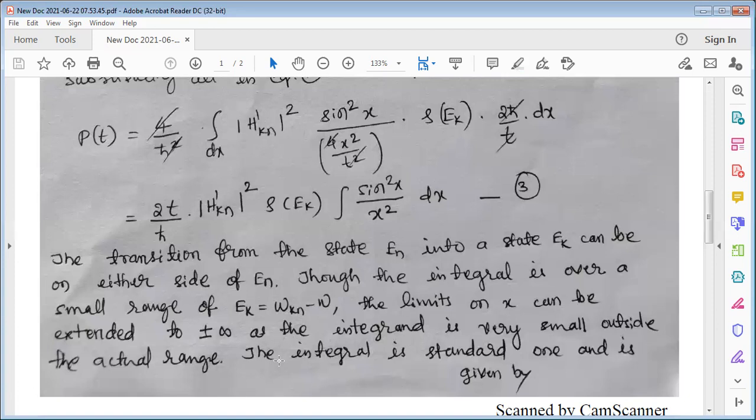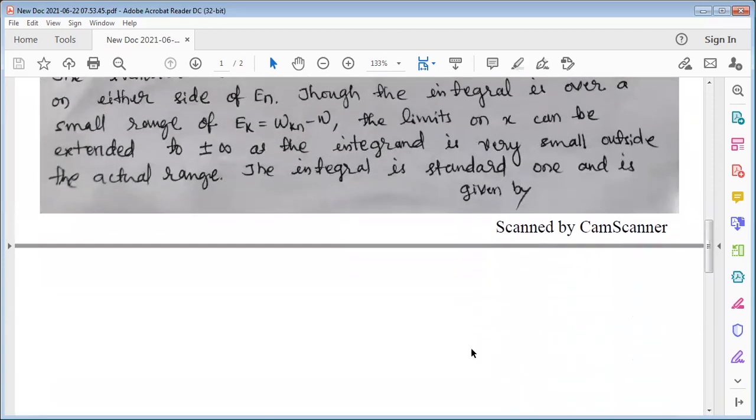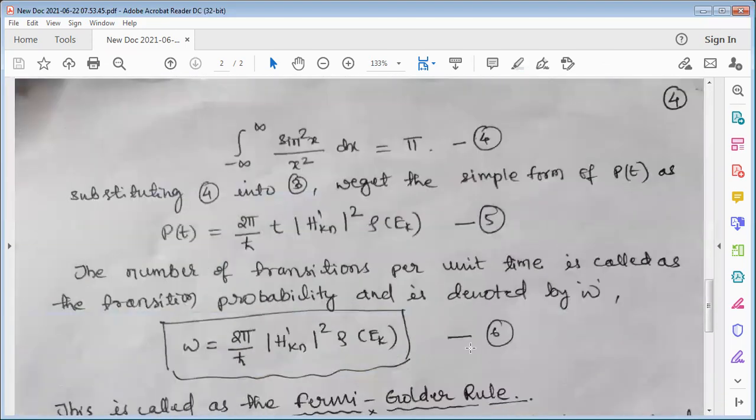And the integral is a standard one. This integral is given by minus infinity to plus infinity of sin²x divided by x² dx. This is equal to π. The value of this integral is just π.